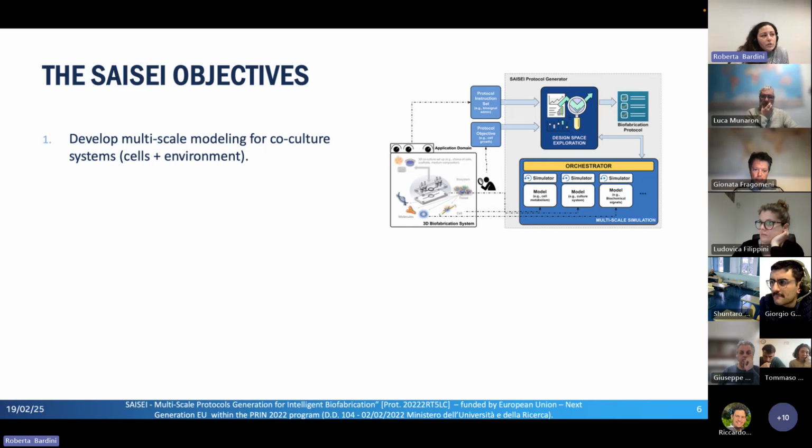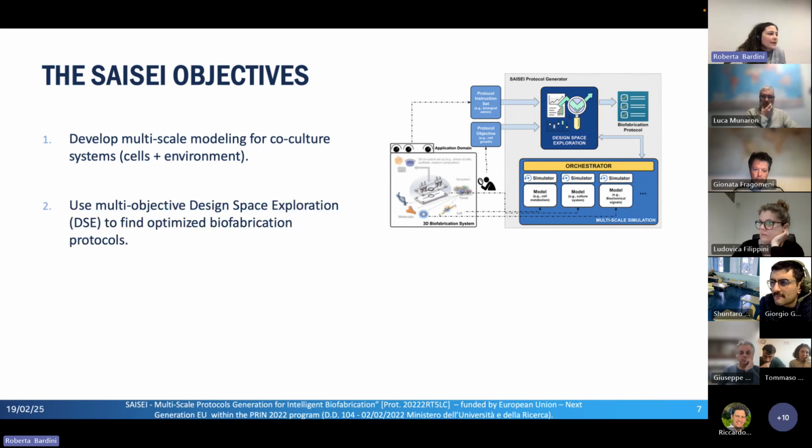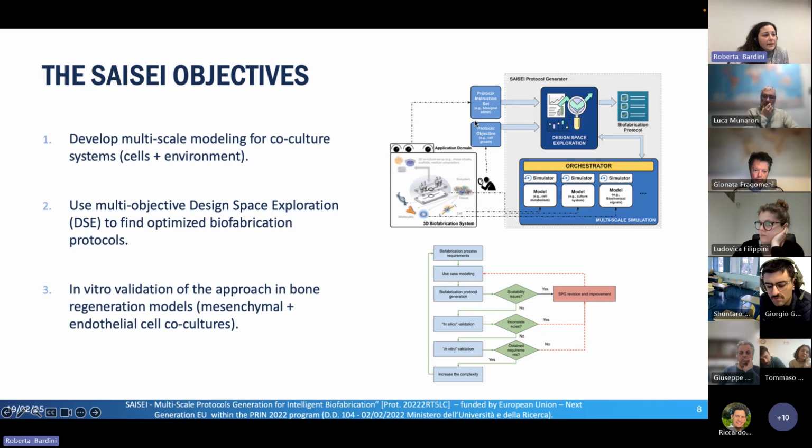So the high-level objectives coherently are developing multi-scale modeling of the in vitro system we are going to target, and simulating such in vitro models in silico with a multi-level and hybrid strategy, as Riccardo was mentioning, implementing models that are proposed in the first instance as mathematical models, as Tommaso and Nadia were describing.